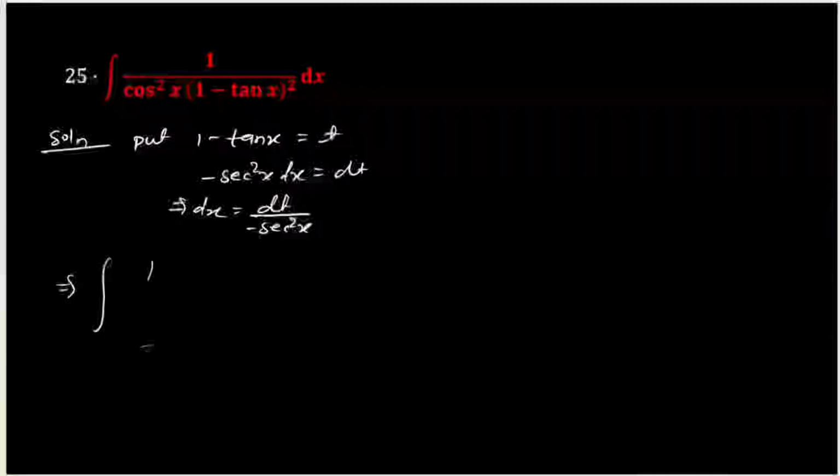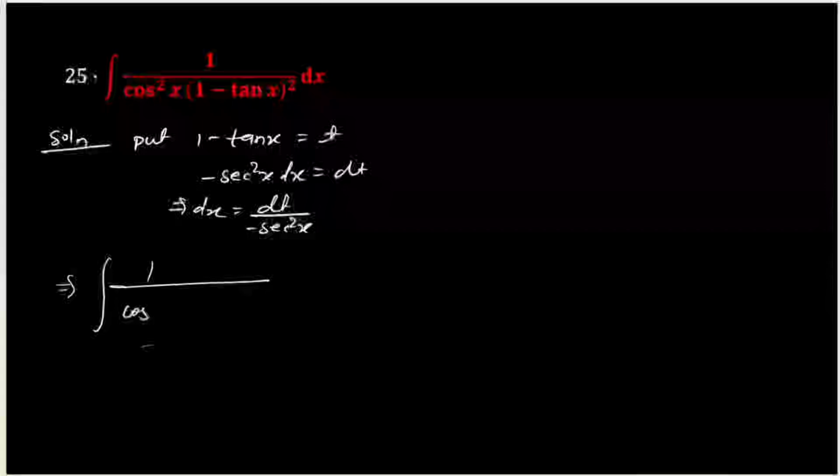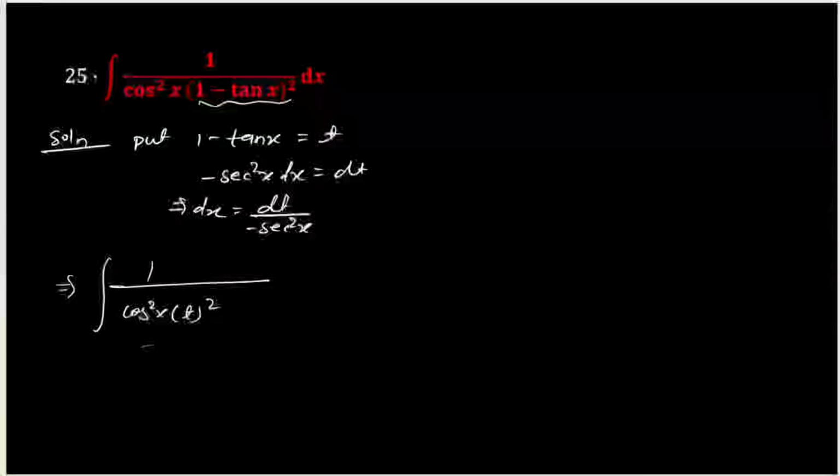Therefore the given integral becomes 1 by cos²x into 1 by t², dx, and dx is equal to dt by minus sec²x.